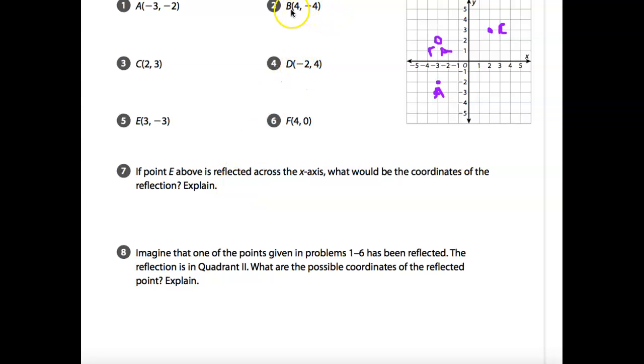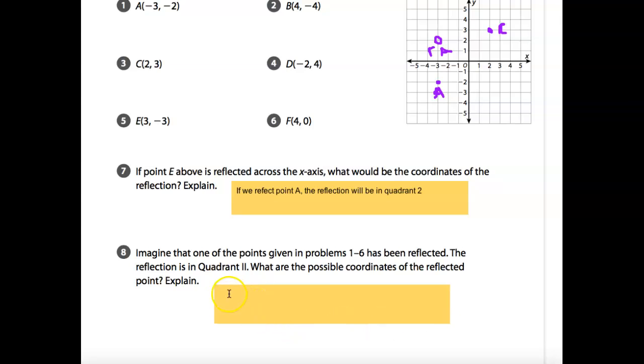If we reflect point A, the reflection will be in quadrant 2, and that's what our directions are.